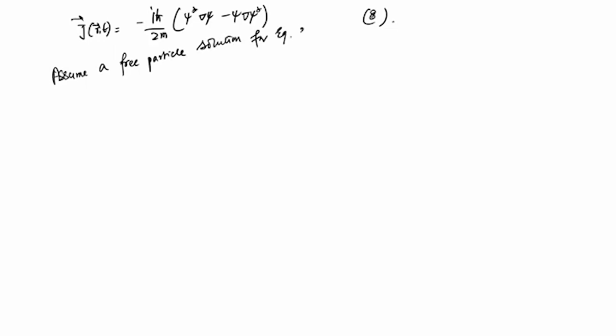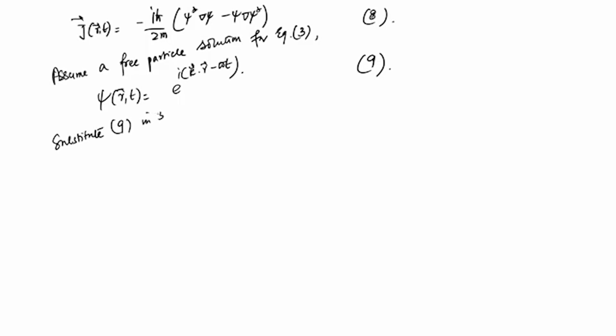If you assume a free particle solution for equation 3, we can write psi of r, t equal to exponential of i, k dot r minus omega t. You may write an amplitude or not, it does not matter. Let us call this equation 9. If you substitute 9 into 3, you get k square minus omega square by c square equal to minus m square c square divided by h cross square.